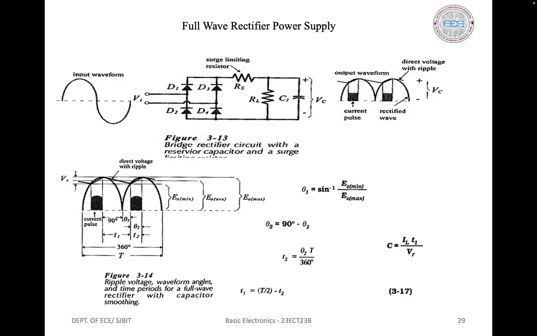The capacitor smoothed full wave rectifier waveforms are as shown in this figure. The equation derived for the half wave rectifier circuit still applies for determining the angle theta 1.